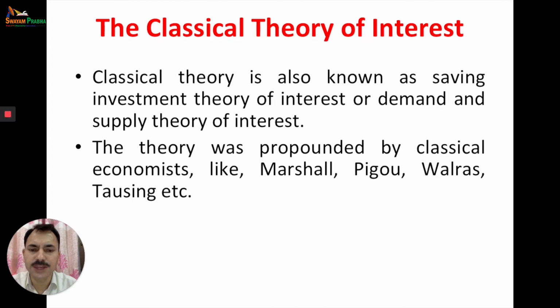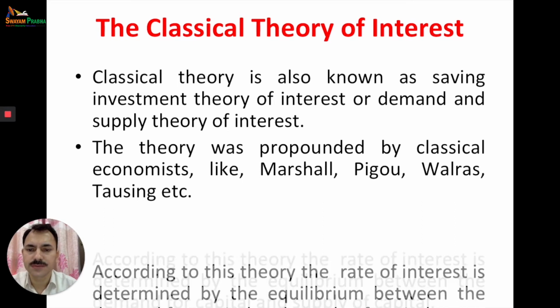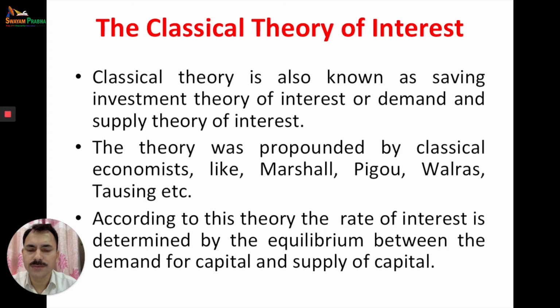These are the main contributors of the classical theory of interest. According to this theory, the rate of interest is determined by the equilibrium between demand for capital and supply of capital. Demand for capital and supply of capital determine the rate of interest according to the classical theory.